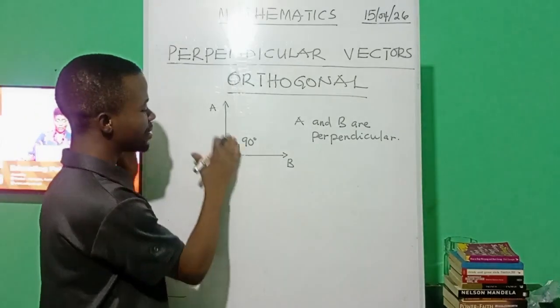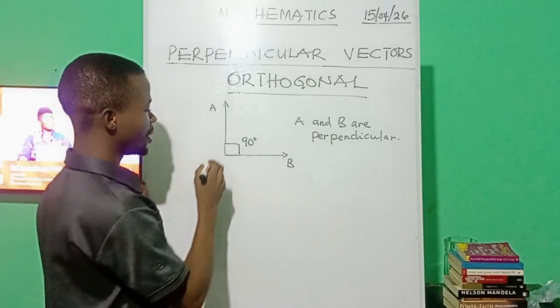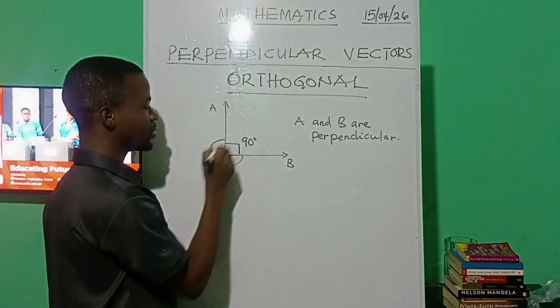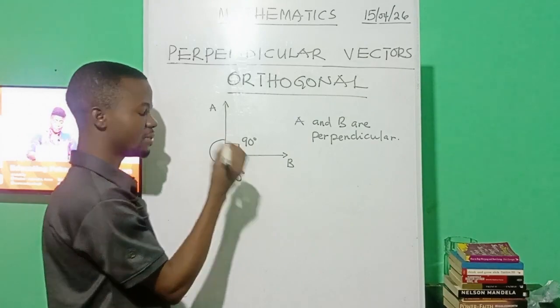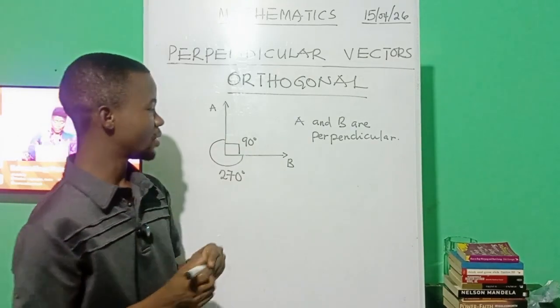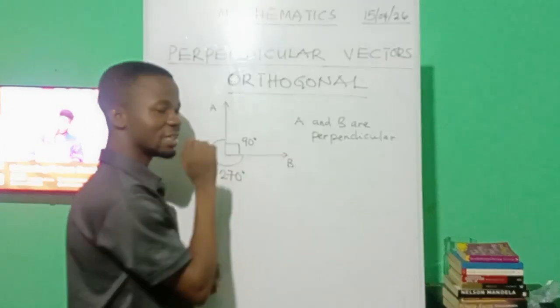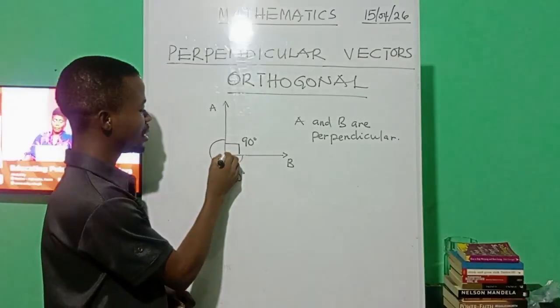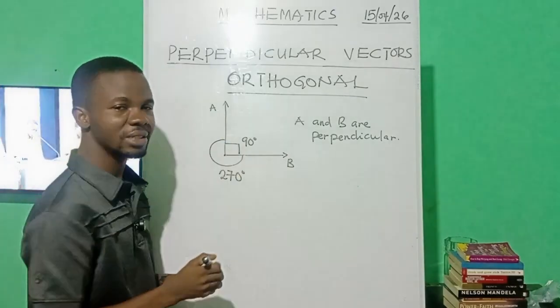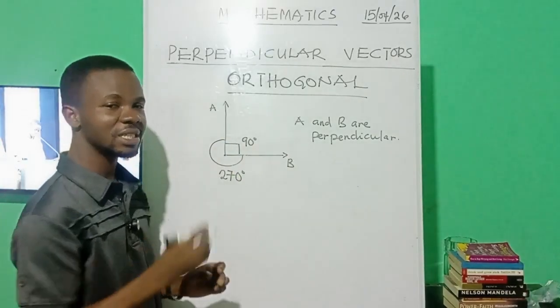Now 90 degrees is the inner angle. If you look at the outer angle, this will be 270 degrees. Why? Because this is 90 degrees, and we know that at a point the sum of all the angles is 360.